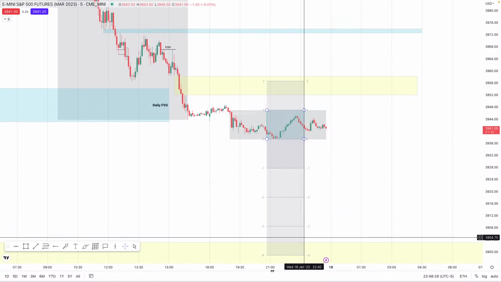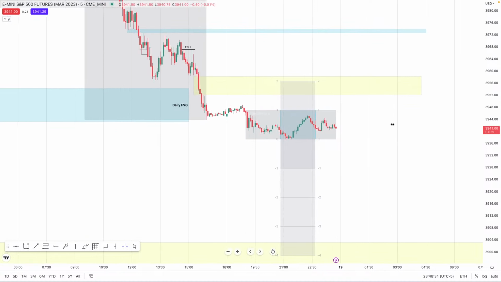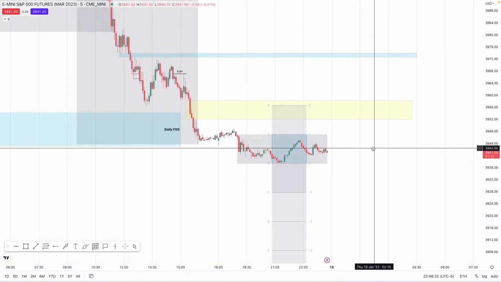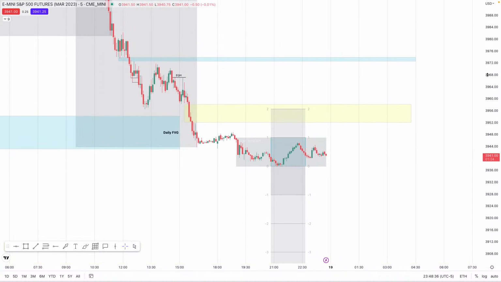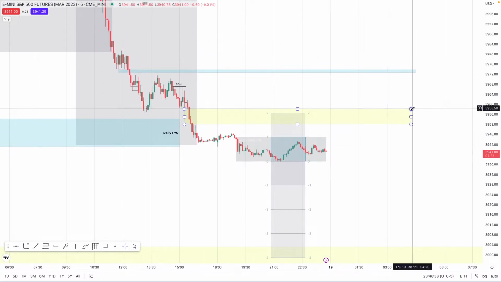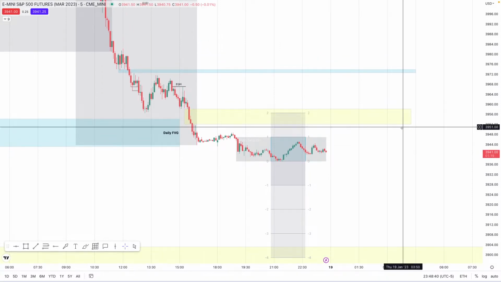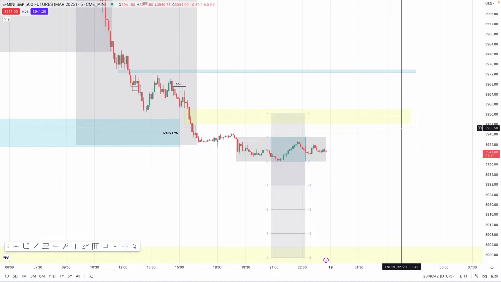All right, so that's pretty much it. So now I'm set up for tomorrow. I have everything marked out that I want to mark out.